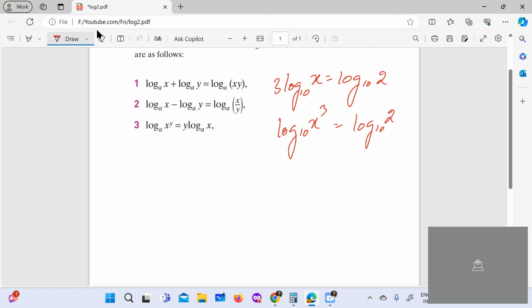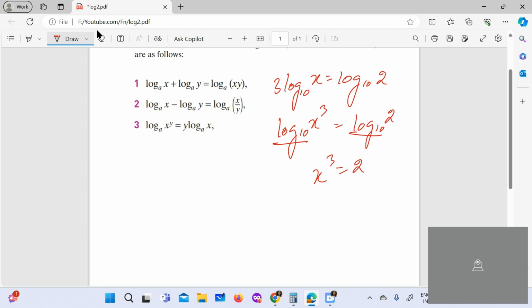Now what can be done? Okay, now you see here also you have log base 10, here also you have log base 10, so we can just write x cube is equal to 2.